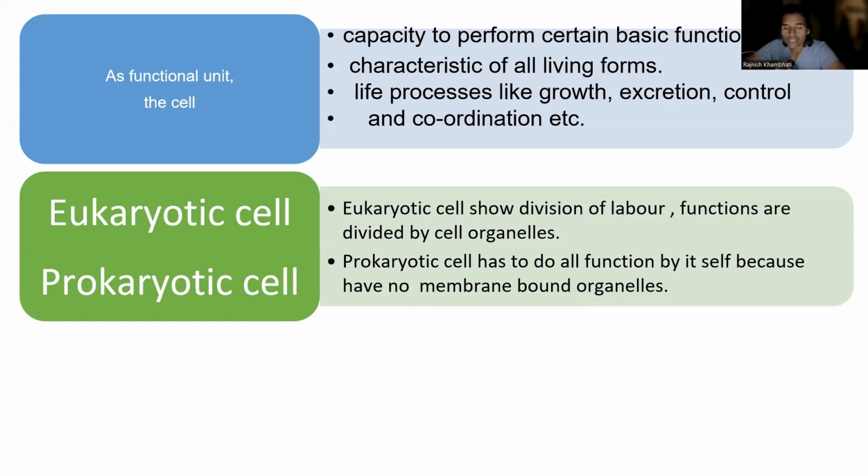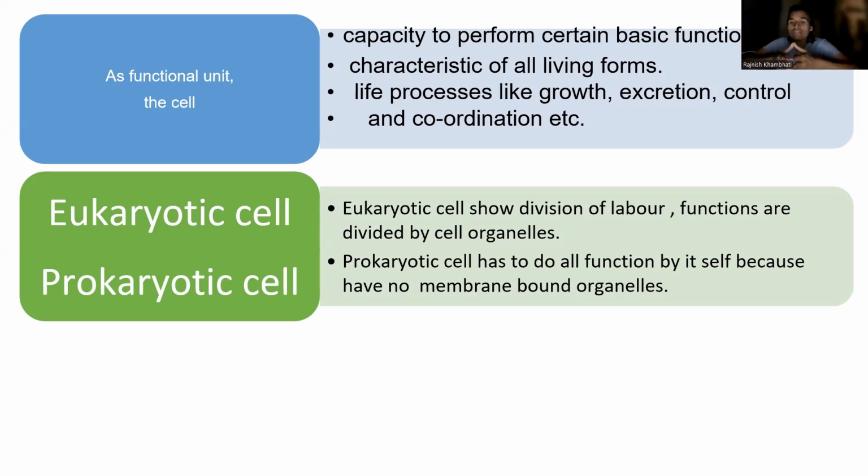But the eukaryotic cell is like you living with your family, meaning you are not alone. You will be doing some functions, your sister and brother will be doing other functions, your mother and father will be doing other functions, and together you all are doing the chores of your home.